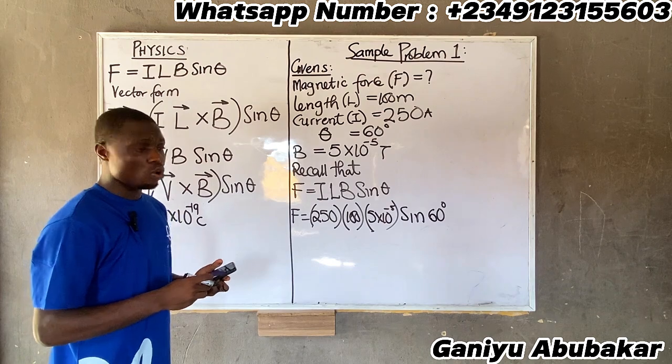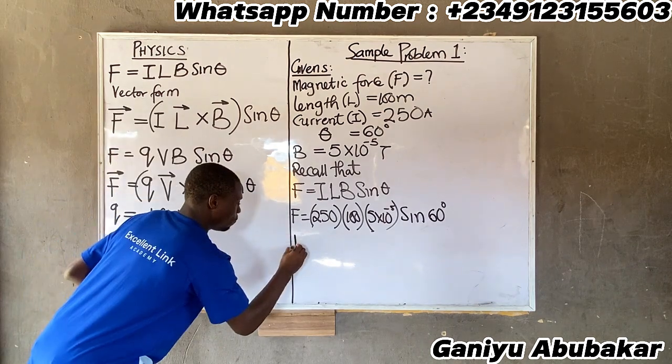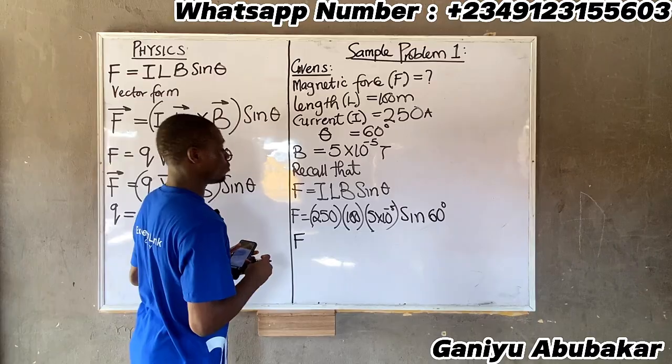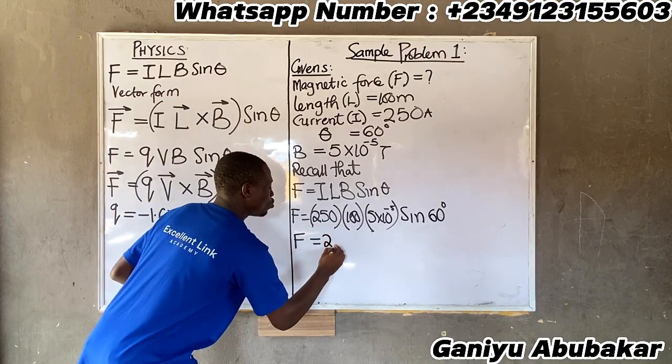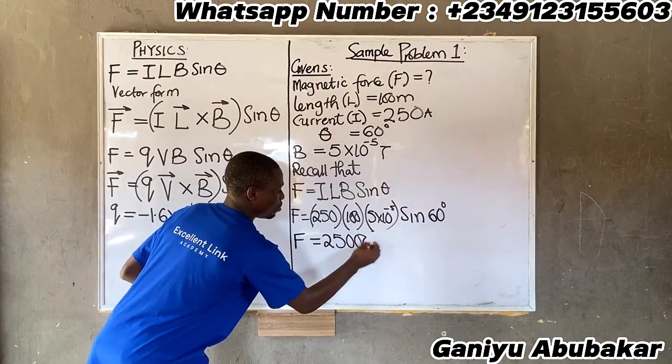Punching my calculator, what do I get here? The magnetic force is equal to, I'll multiply 250 by 100, that gives me 25,000.